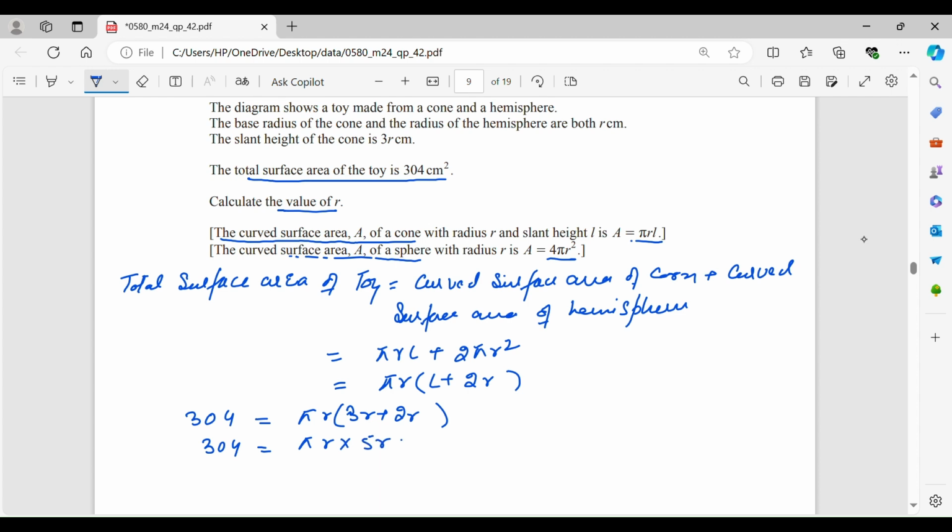So 304 divided by 5 pi will be equal to r square.